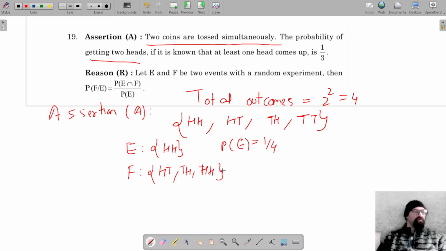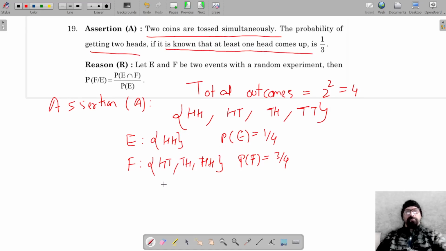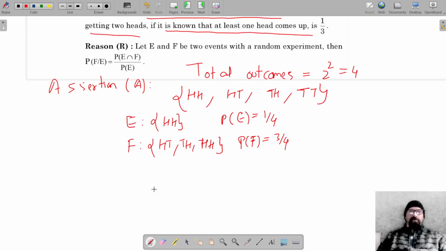This is the case when we have at least one head, meaning one or more than one head, and the probability of F here is 3 by 4. Now, what is the probability of getting two heads if it is known that at least one head comes up? That means F is given, and then what will be the probability of E?